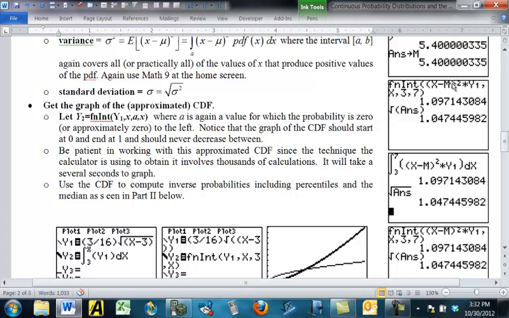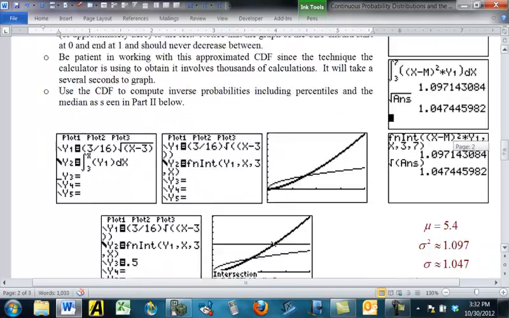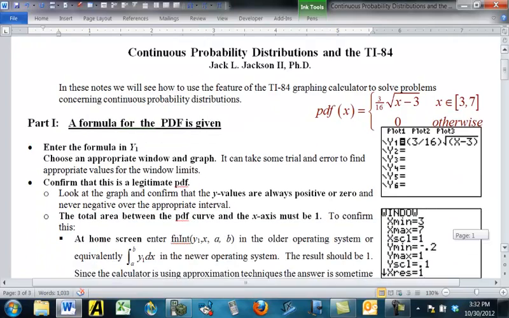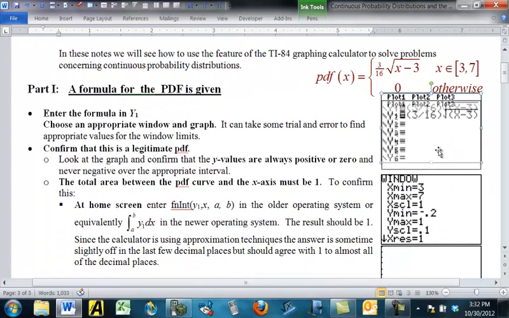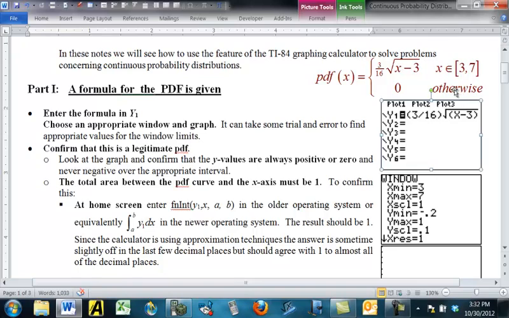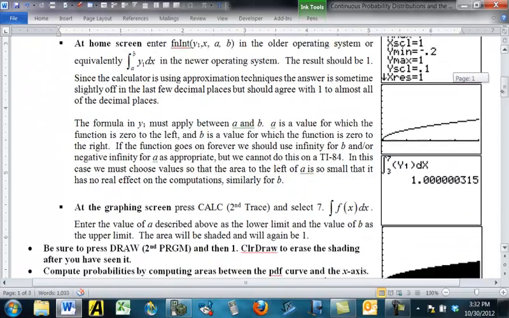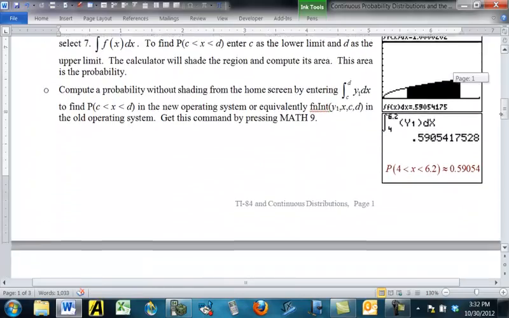Store the mean as m, and then we use exactly this formula here, except again negative 1,000 to 1,000, and that'll compute the variance, square root to get the standard deviation. So you can see from these examples, it's laid out step by step all the different things that you can do with the calculator to get the things that we need for probability distributions.